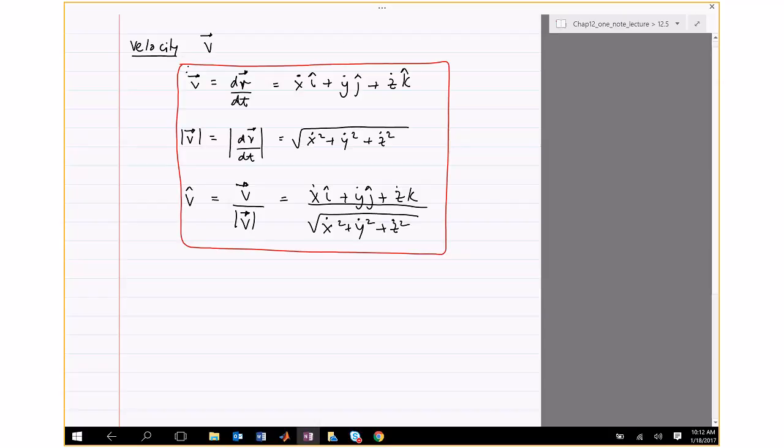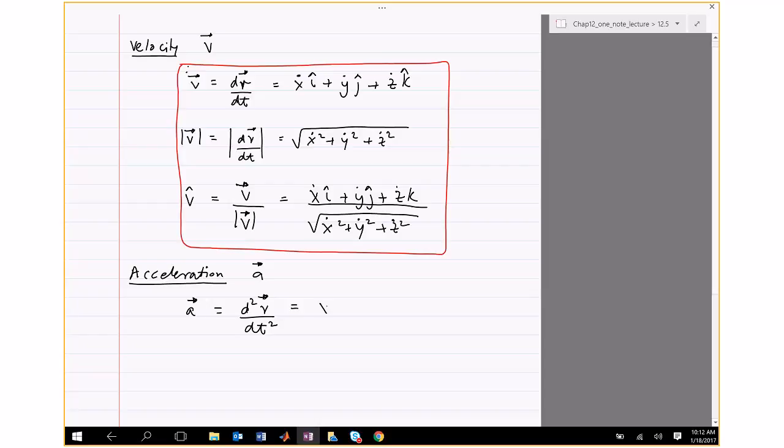Again, the same thing for acceleration. Acceleration is a, and to find the acceleration, I'll take the second derivative of the position.